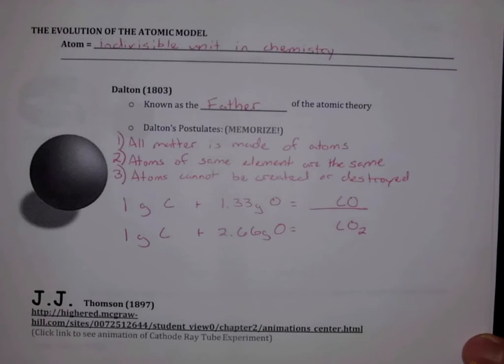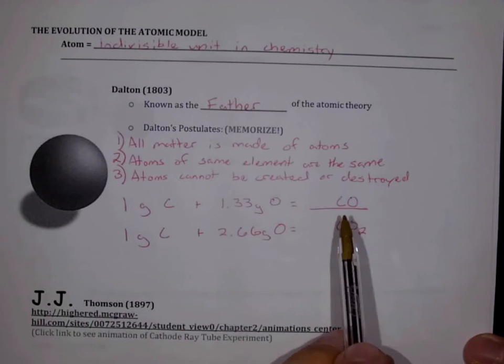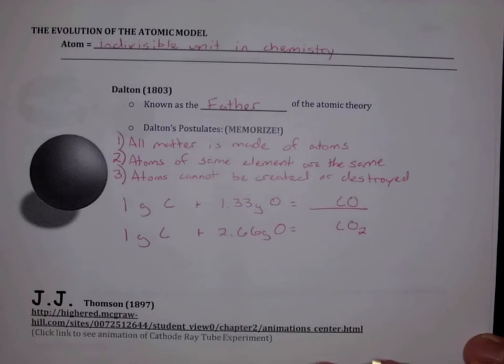This was something that when he looked at this experimental data, he said, you know what? When I had 1 gram of carbon, 1.33 grams of oxygen, I'm always getting 2.33 grams out the end here, right? We have the same mass going in as we get going out after the reaction, okay?